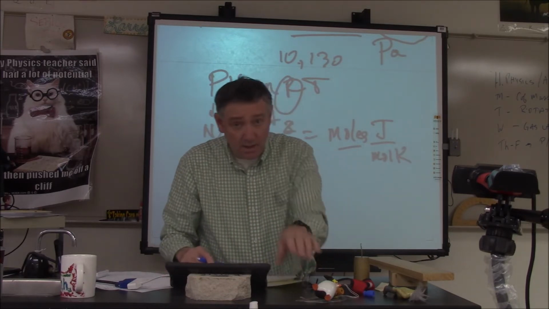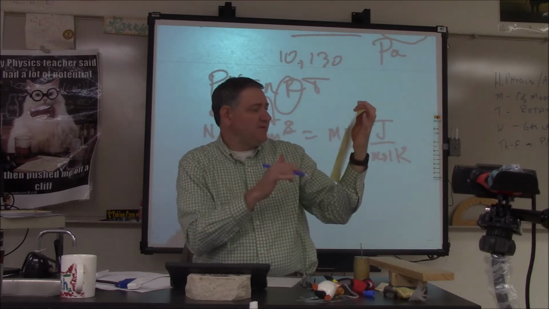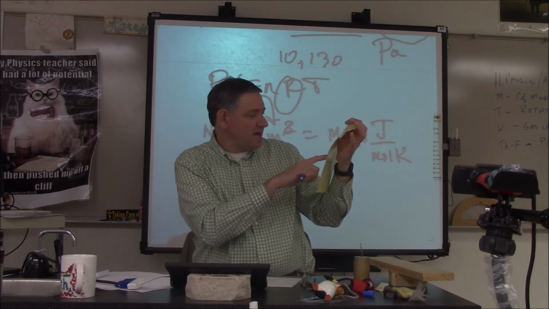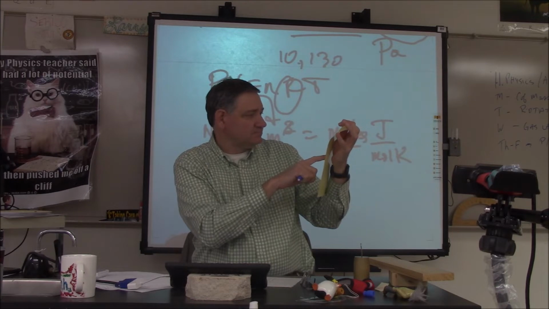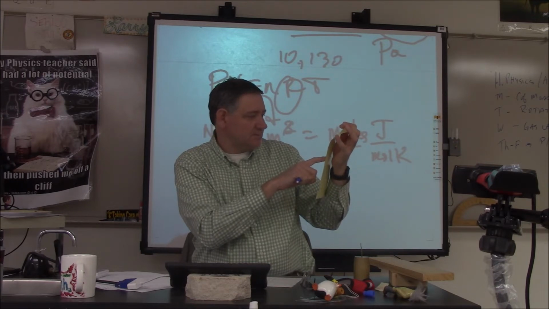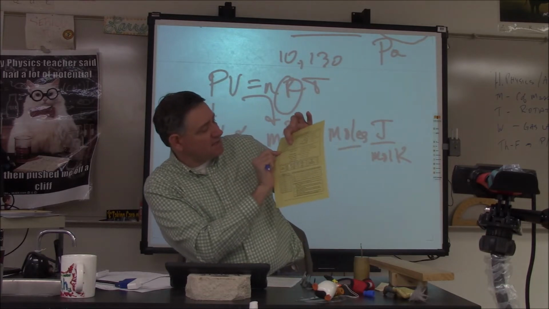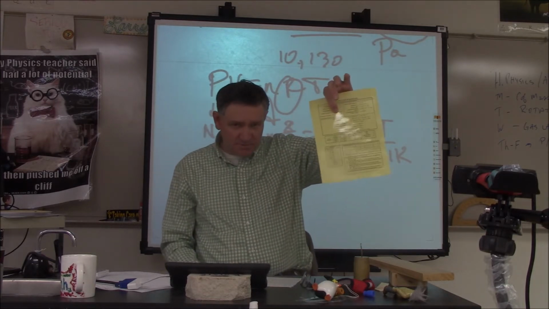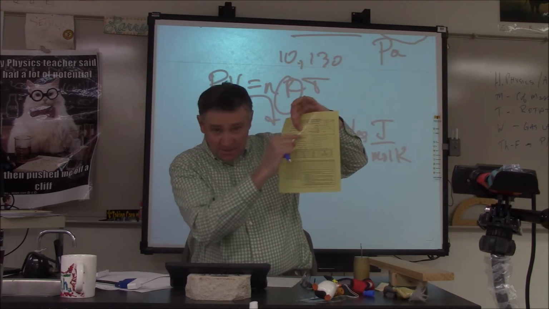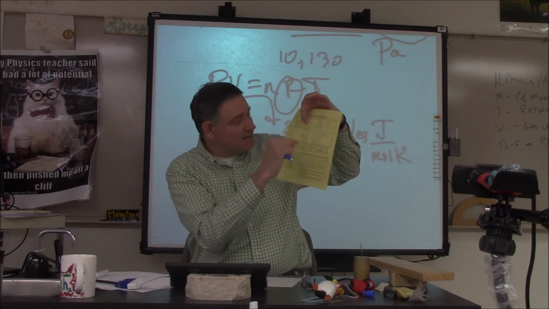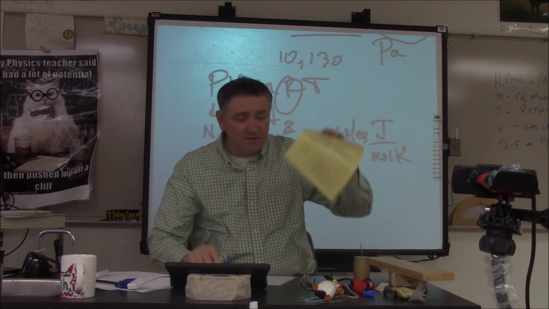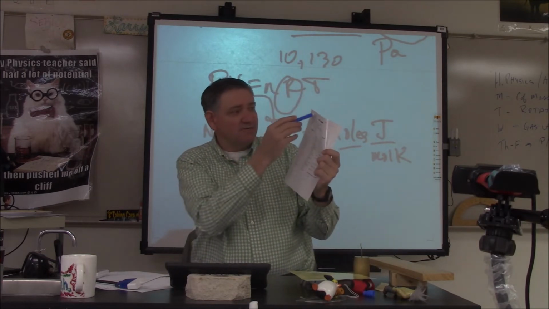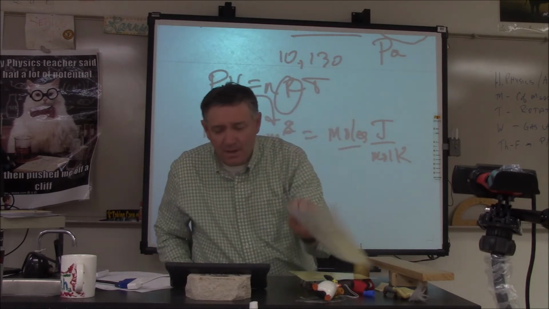In my AP physics class, you've got, where's it at? I've got to find it. Oh, here it is. Universal gas law constant, 8.31 joules per mole Kelvin. So it's on your sheet here on this back side. On my honors physics class, I've got it all right up here at the top.